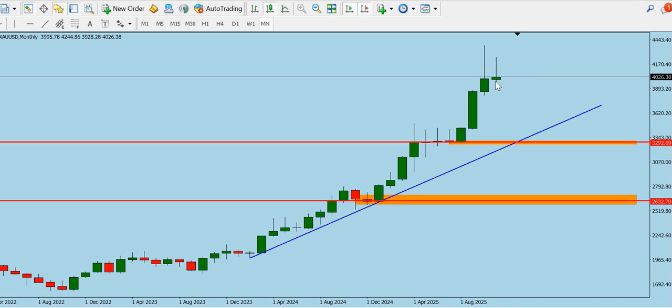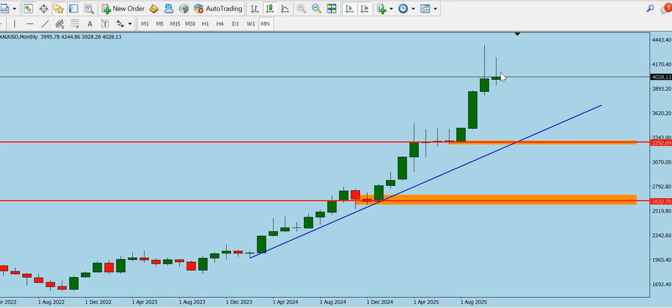The candle open price is at 3995.78, but price is currently at 4027.42.